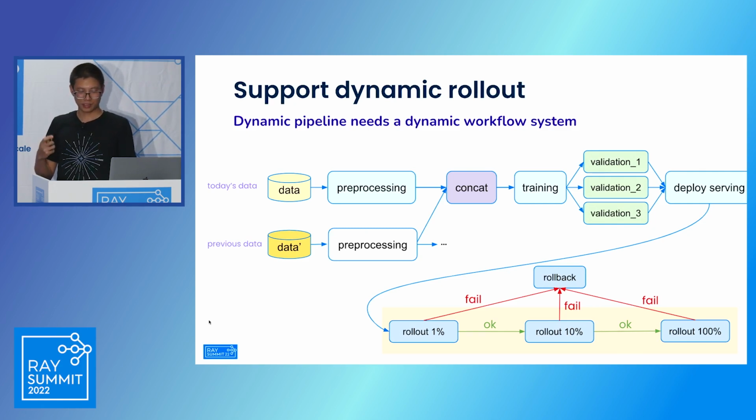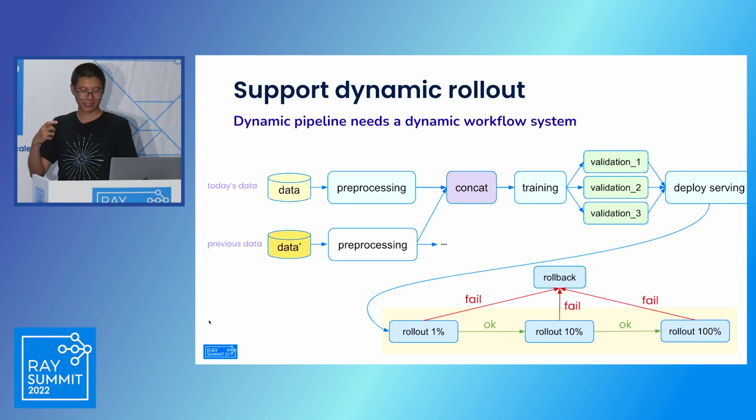Currently, some workflow systems just define the workflow in a template like a YAML file, and this kind of dynamicity is limited. But with Ray, which is very good at implementing something like this because Ray handles very dynamic and flexible workloads, fortunately with Ray Workflow you can inherit this kind of dynamicity.